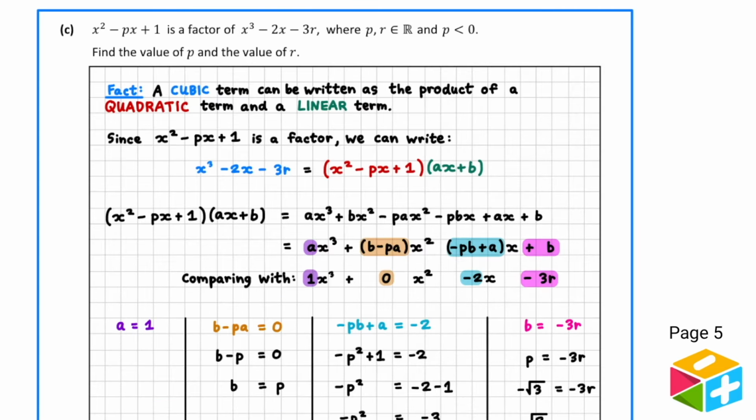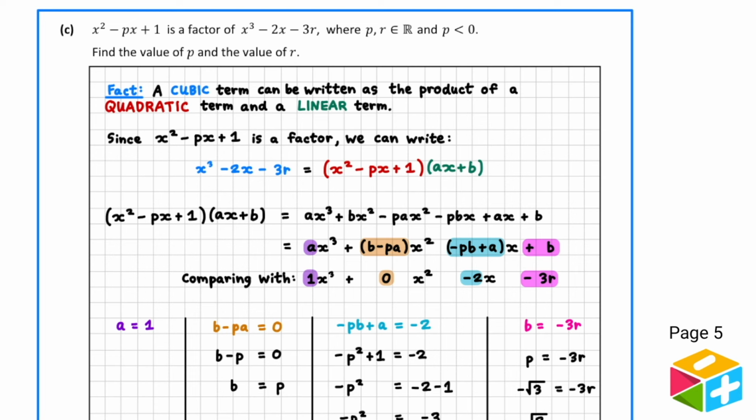To solve part C, we can use the fact that a cubic term can always be written as the product of a quadratic term and a linear term. In this question, we're given the cubic x cubed minus 2x minus 3r. And we're told that the quadratic x squared minus px plus 1 is a factor.